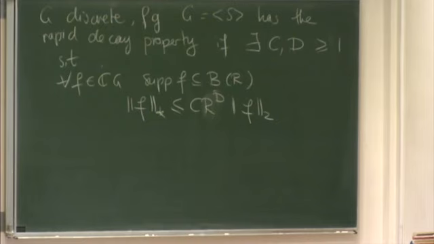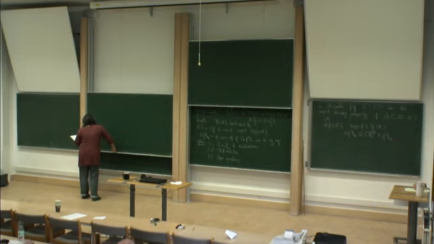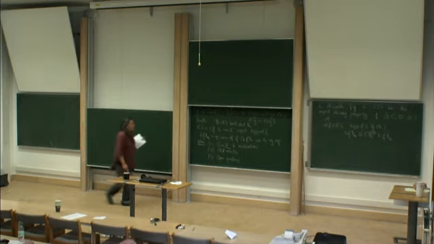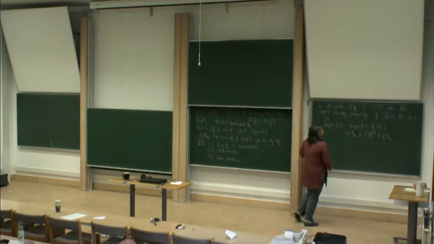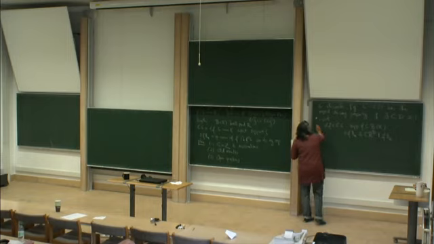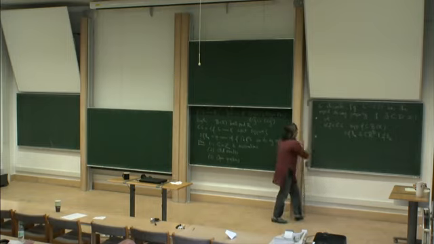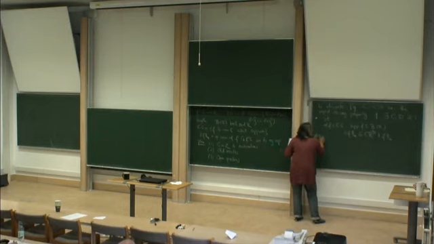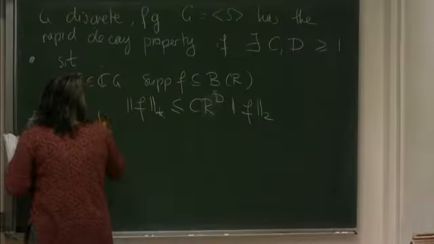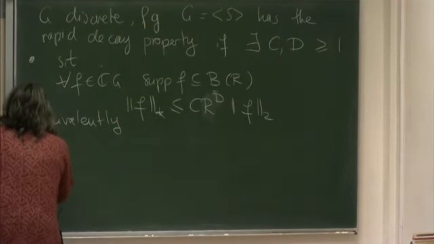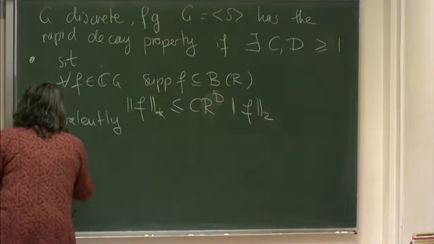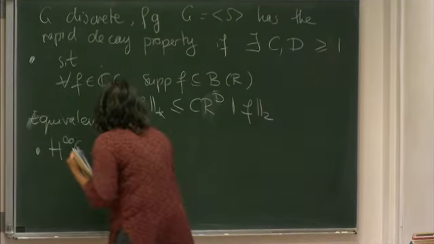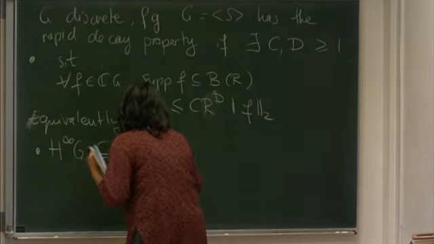But this is not Connes' original definition. Equivalently, that's Connes' original definition: the rapid decay functions are contained in the reduced C-star algebra.